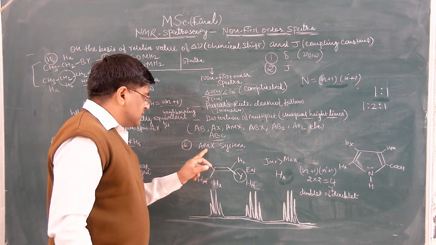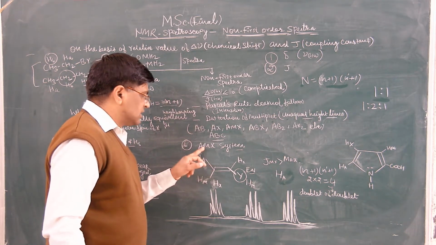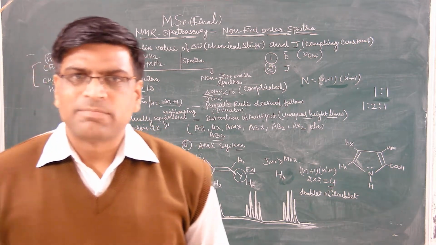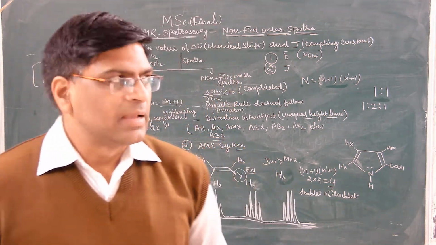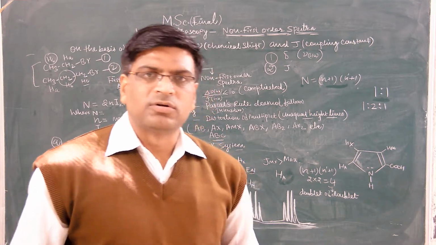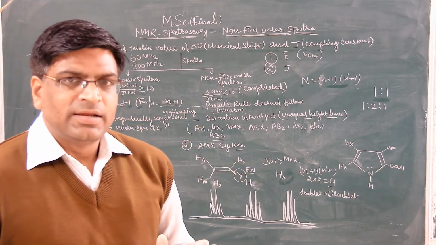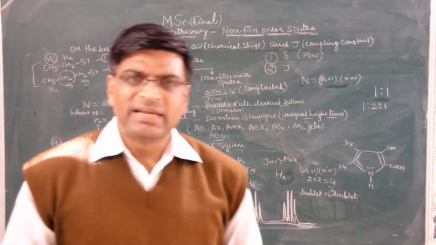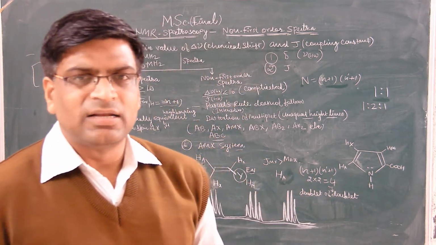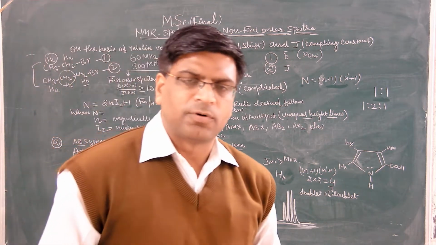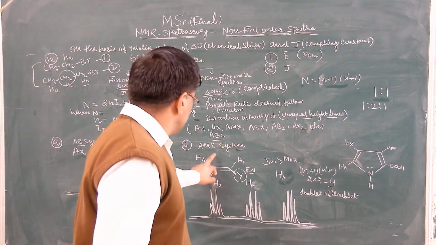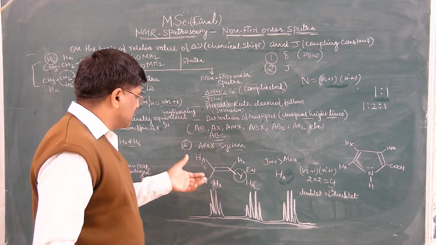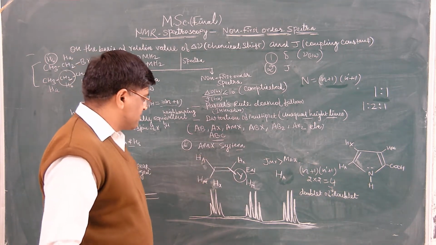This name denotes the chemical shift value of the different types of protons. The chemical shift value for A type protons is very different from M type protons, and the chemical shift value for M type protons is very different from X type protons. This is a simple example of an AMX type system.